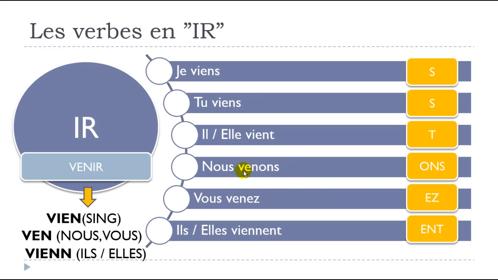Then you will get this venons, okay, keep in mind that it's really in that case, venons, venez, and the last one, because you've got this double N here, you need to pronounce it viennent, okay? So, ils viennent, elles viennent. So, just one more time to make it clear. Je viens, tu viens, il vient, elle vient, nous venons, vous venez, ils viennent, elles viennent.